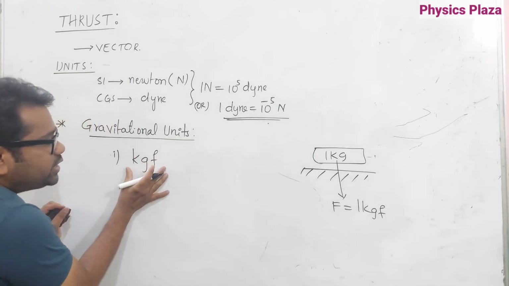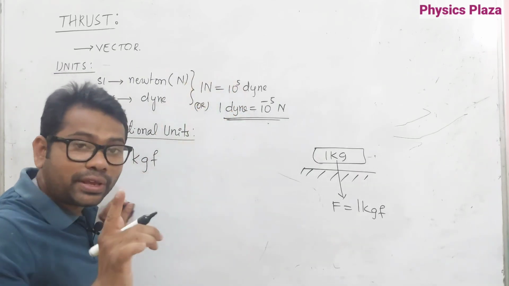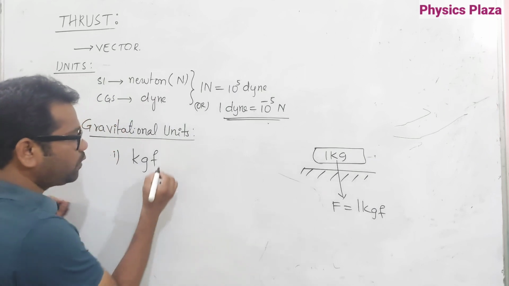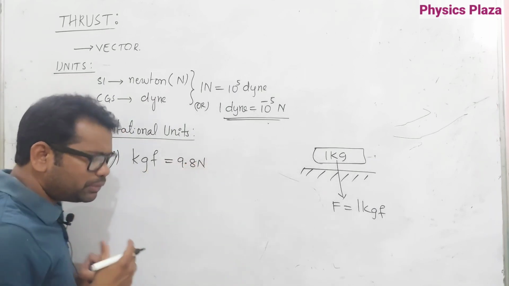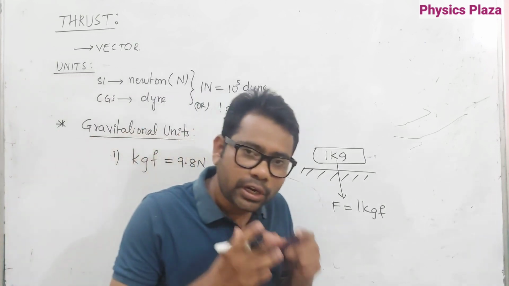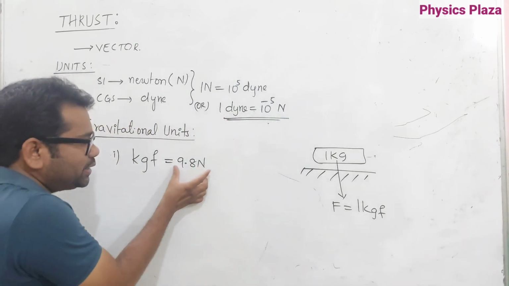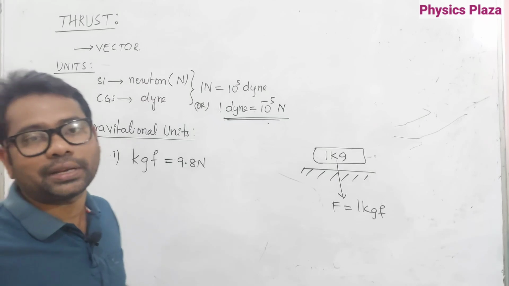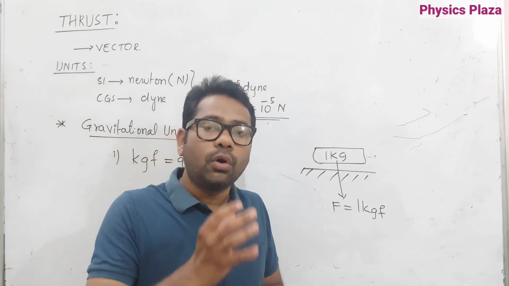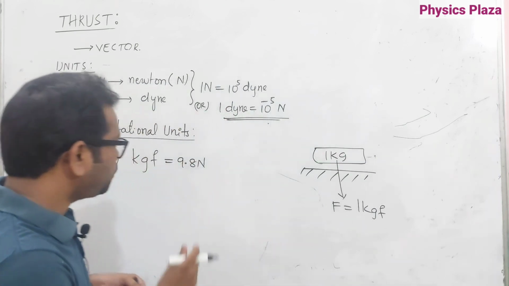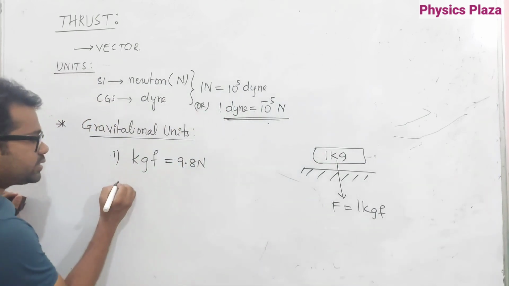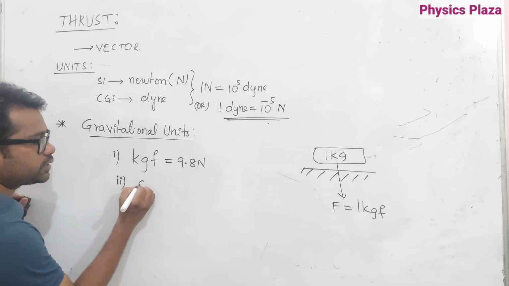How kgf is related to the Newton is very important from the examination point of view. 1 kgf is equal to 9.8 Newton. But sometimes, whenever we are doing numericals, this can be taken as approximately 10 newtons. But in the exam, if they ask you 1 kgf is equal to how many newtons, you better write 9.8 newtons only.